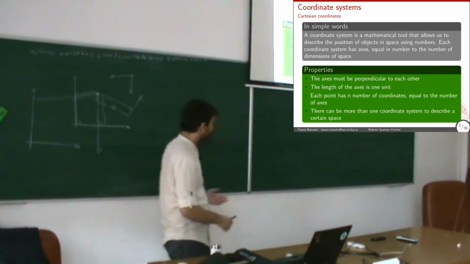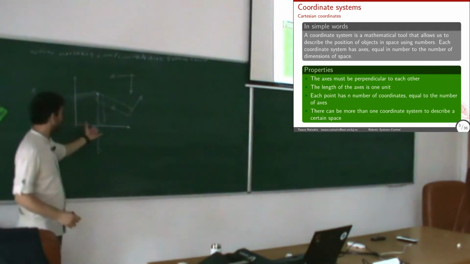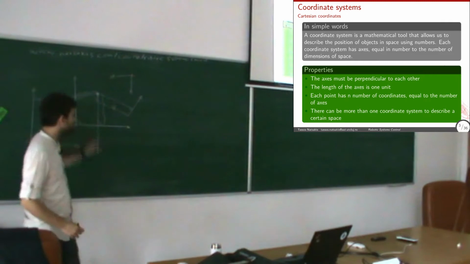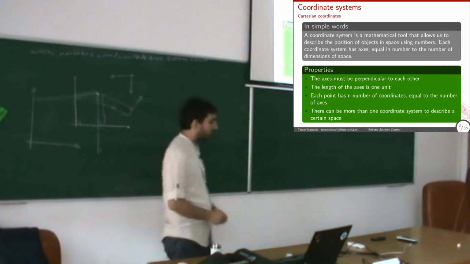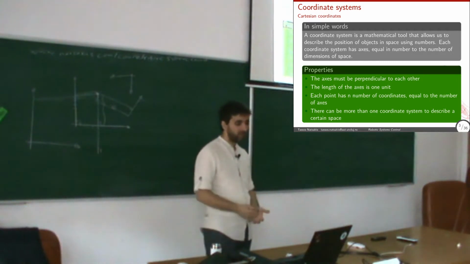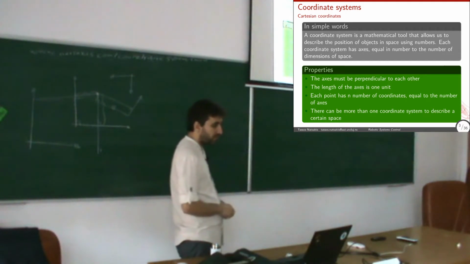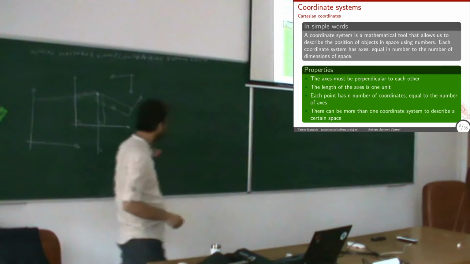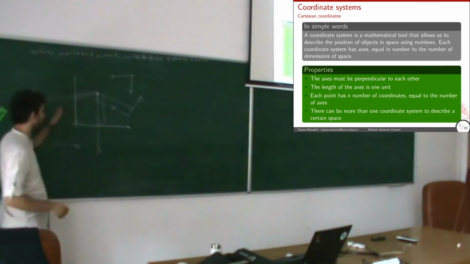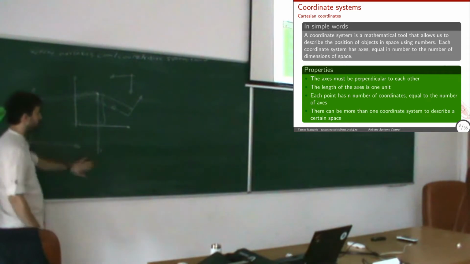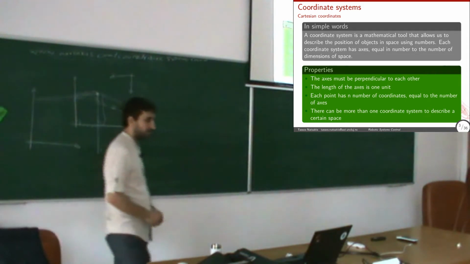And as I said, the scale is the same in all the axes, and the number of coordinates of each point is equal to the number of axes and the number of dimensions. And then we can have way more than one coordinate frame describing the same space, the same surface.